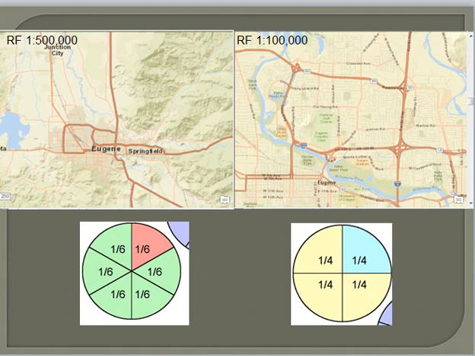The pieces are larger. The area that's being represented is a lot smaller, but it shows much more detail because I'm zoomed in. In the smaller scale map, which is the smaller fraction, I've got a lot of area shown, but a lot less detail.